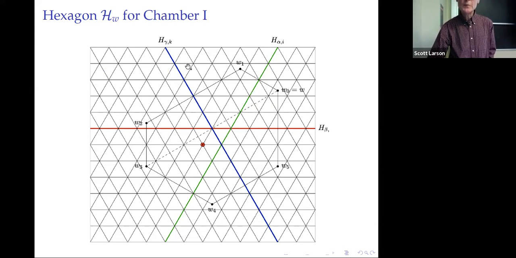And we get W3 by reflecting across the third hyperplane like this, and we pick the one at the hyperplane in the fundamental strip that's closest to W. So we have W, we have W1, we have W5. We get W2 by reflecting W1 across the blue line, and we get W4 by reflecting W5 across the blue line. The way they're numbered is just so that when you go around counterclockwise, it's in order. This is W0 here. So that's this hexagon.